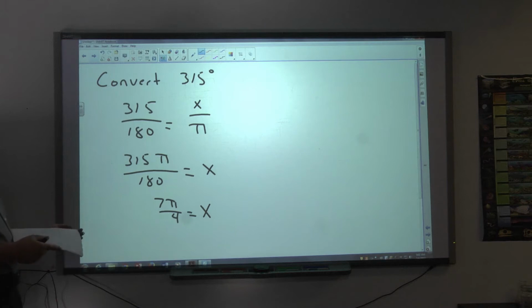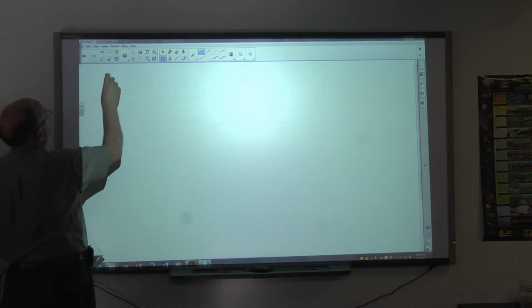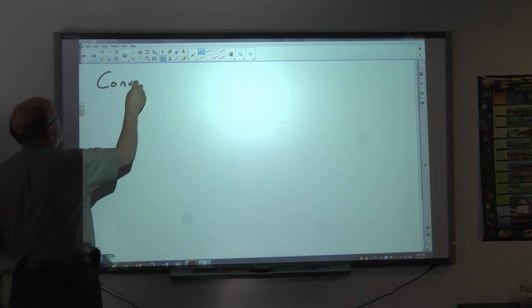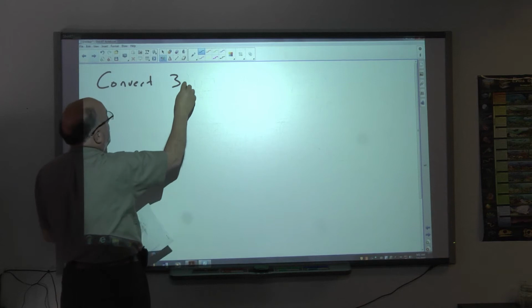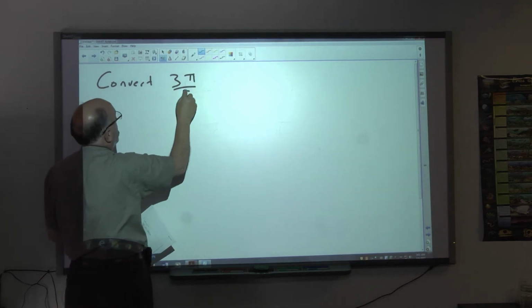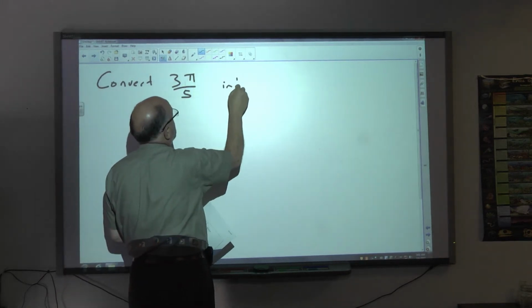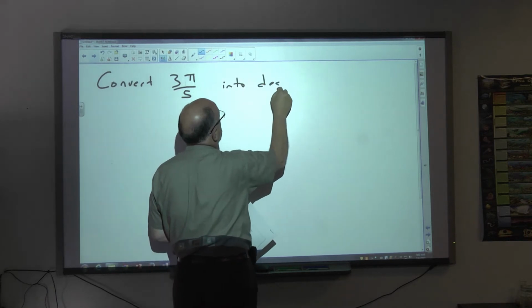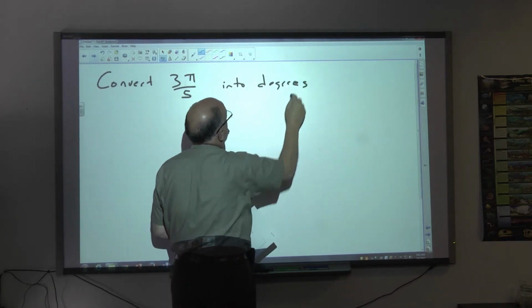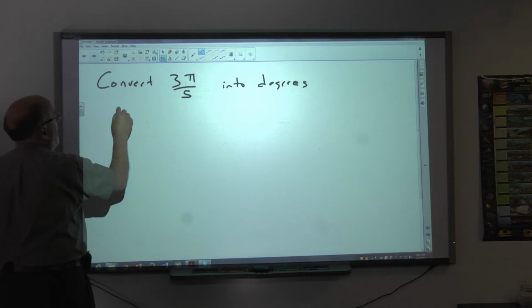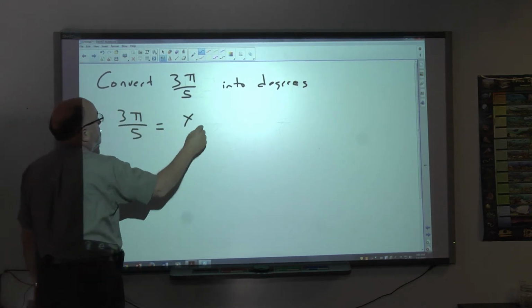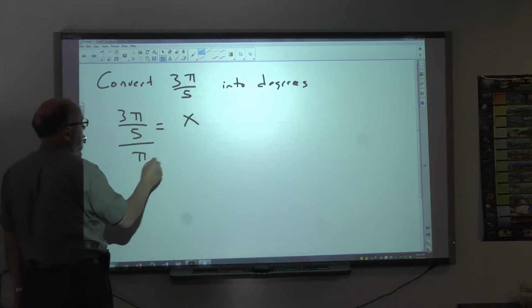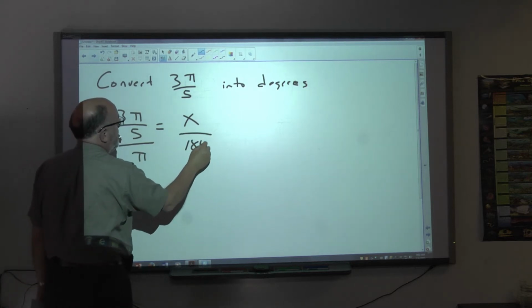Well, then you should be able to convert from radians into degrees. So now we want to convert 3 pi over 5 into degrees. So we want to go this in the other way. So we have 3 pi over 5 is going to be x. We know that pi radians is 180 degrees.